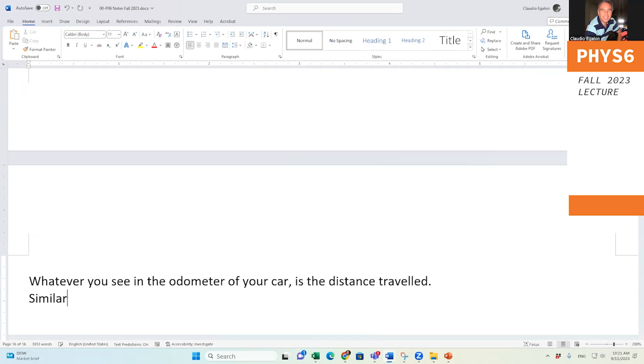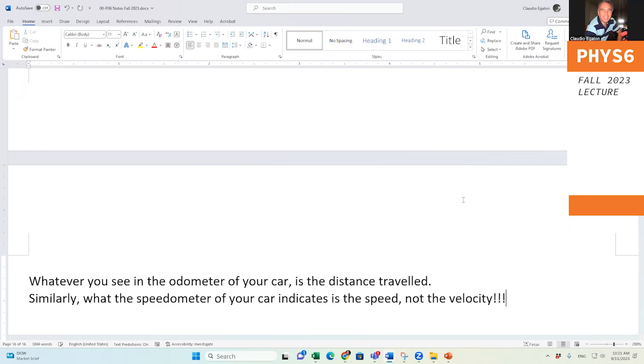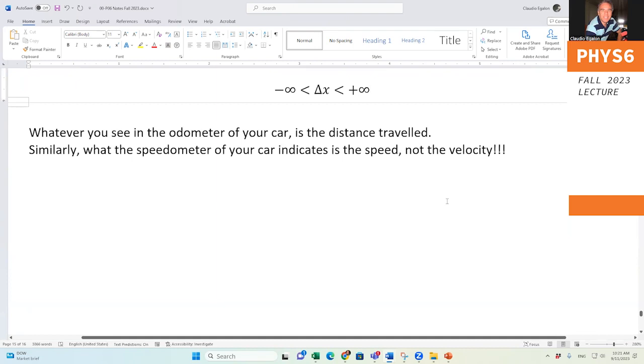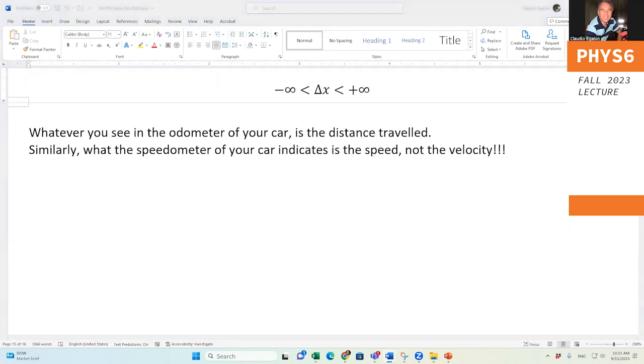Similarly, what the speedometer of your car indicates is the speed, not the velocity. Not the velocity. Think about that.